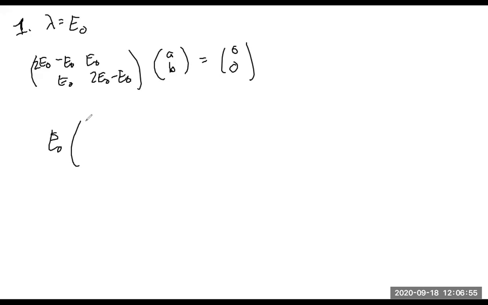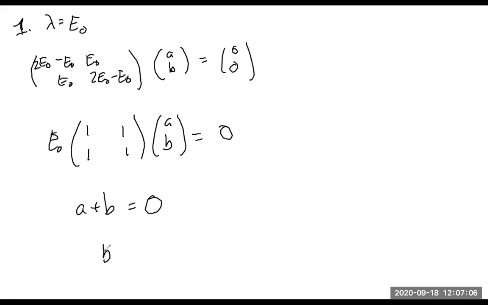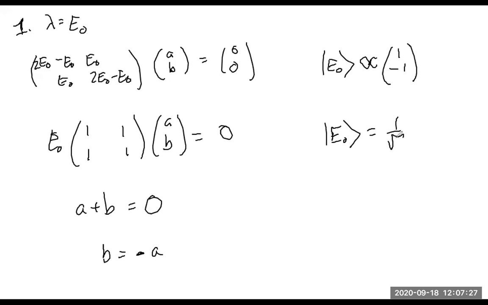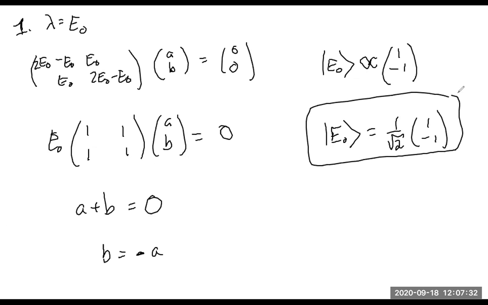This is 2 minus 1, which is 1, 1, 1, 1, times A, B equals 0, or A plus B equals 0, or B equals minus A. So this means that the eigenvector associated with E naught is proportional to 1, minus 1. To normalize this, it's just 1 over square root of 2 out front, 1, minus 1. So this is the eigenvector for the eigenvalue E naught.